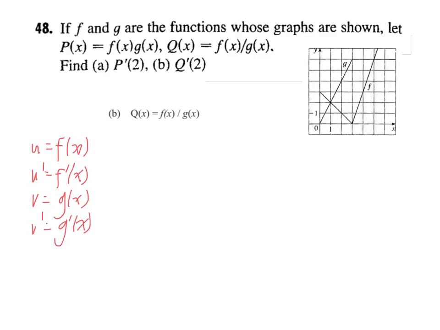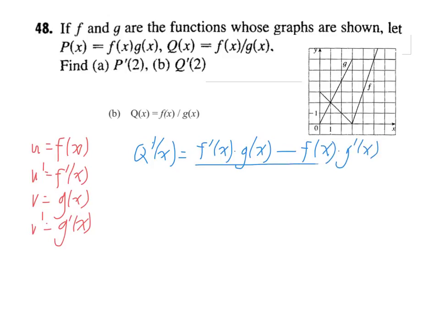Same as before. To start things out, I'm going to write the quotient rule. U prime v minus u v prime, all over top of v squared.